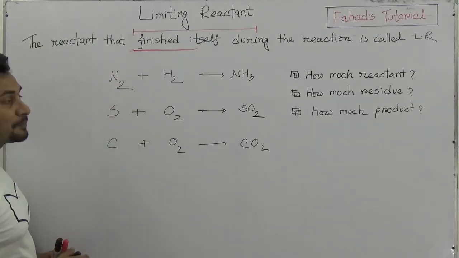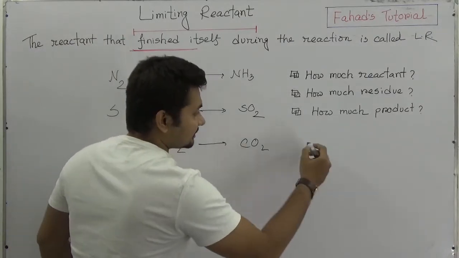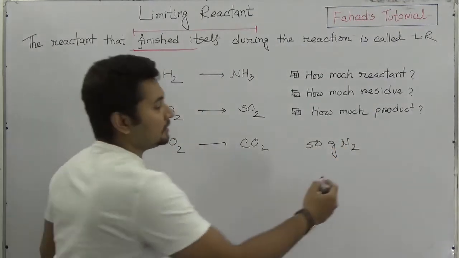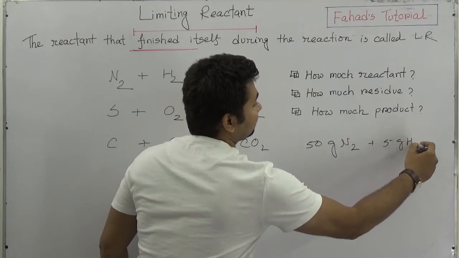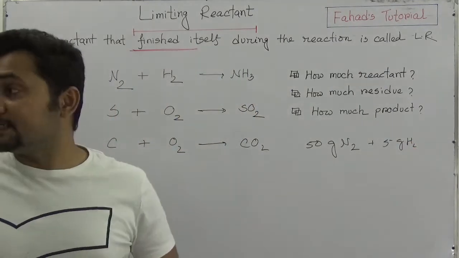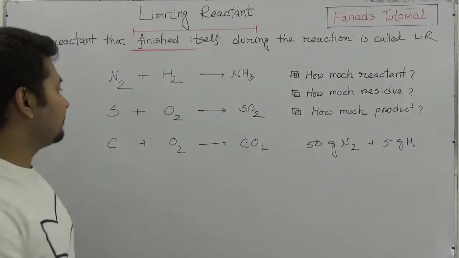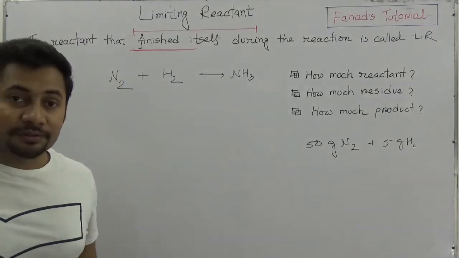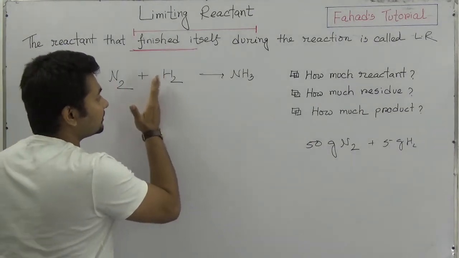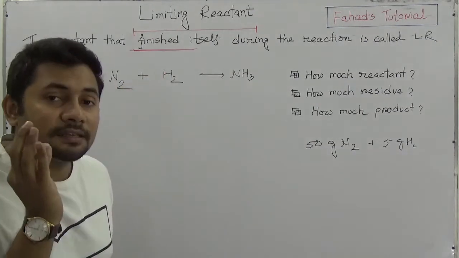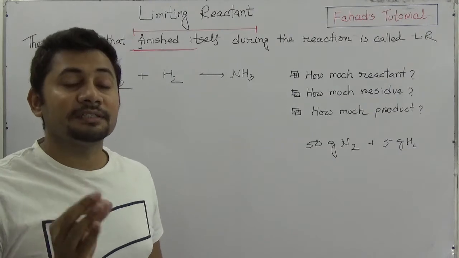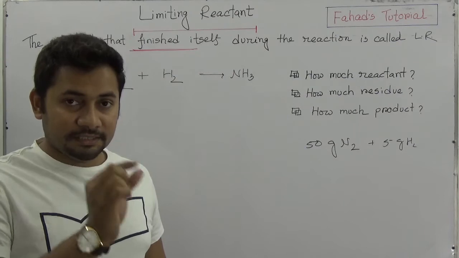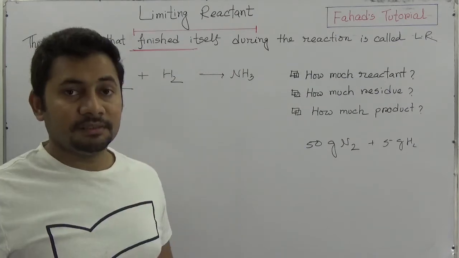Suppose the question is that 50 gram nitrogen is reacting with 5 gram hydrogen. How will we think about it? Suppose I am erasing the other 2 reactions. As nitrogen and hydrogen are reacting, in this calculation of the limiting reactant we definitely need to balance the number of atoms of reactant and product.